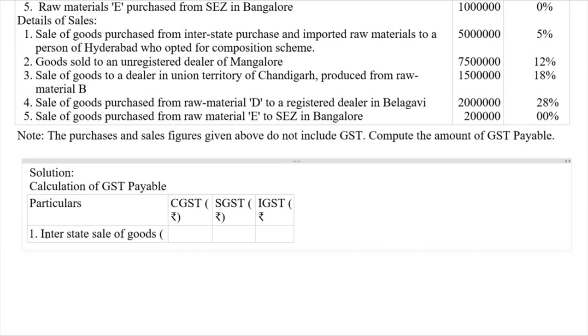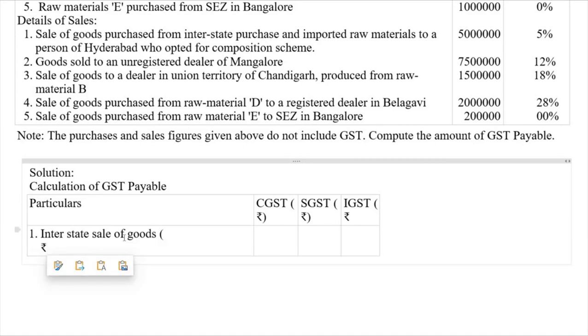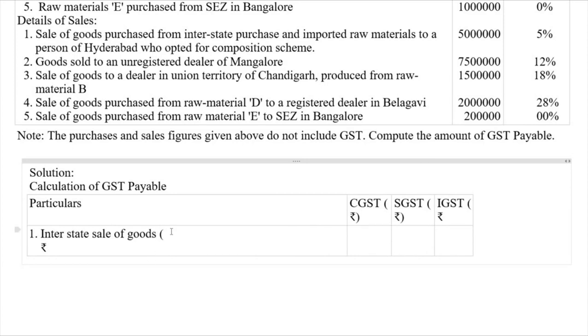So rupees 50 lakhs at the rate of, multiplied by 5%, which comes to, so here it is interstate sale, so IGST is payable.